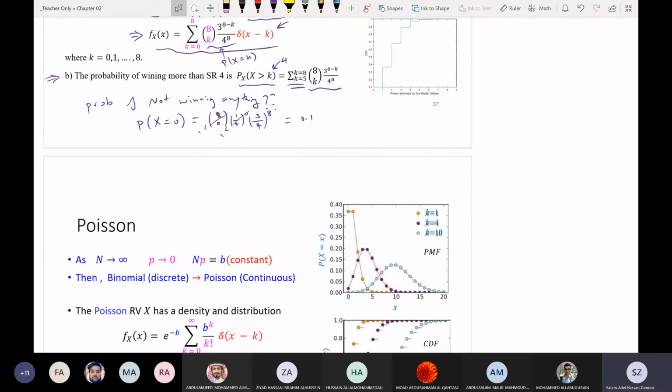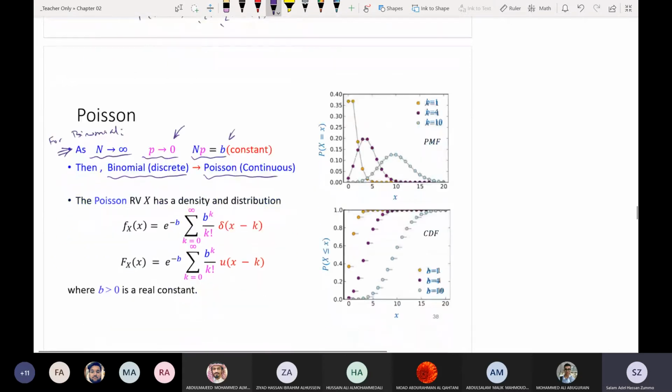If we have a binomial, as n goes to infinity and p goes to 0, meaning you are repeating the experiment many times with the probability of success approaching 0 while keeping np constant, np equals b, a constant b, then the binomial discrete distribution approaches what we call the Poisson distribution.